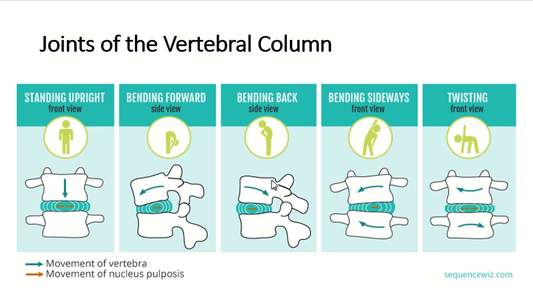Naturally, if we are bending backwards, we get a converse reaction here, so that we're compressing the posterior aspect of the intervertebral disc, which leads to a bulging of the nucleus pulposus in the anterior direction.